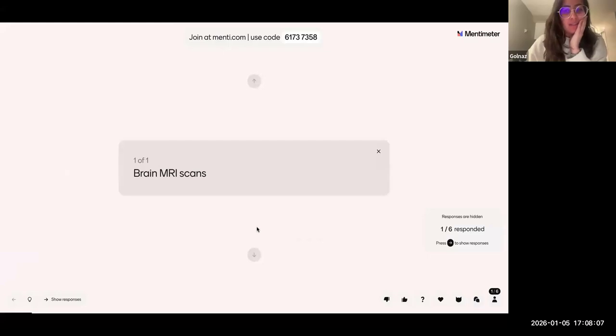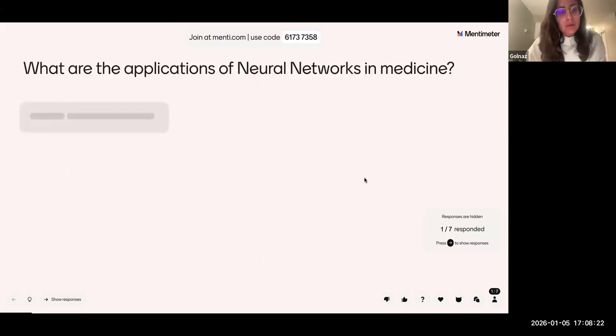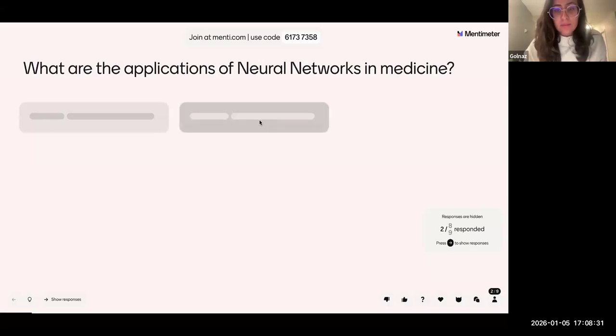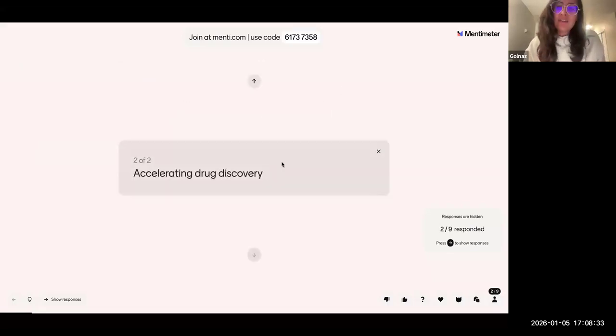Brain MRI scans, exactly. So that would be finding information or trying to segment a tumor in an MRI scan. Drug discovery. Yeah, that's one of the hot topics these days.